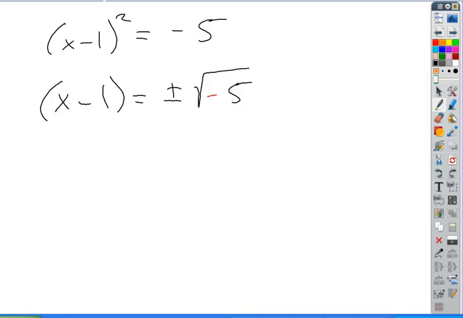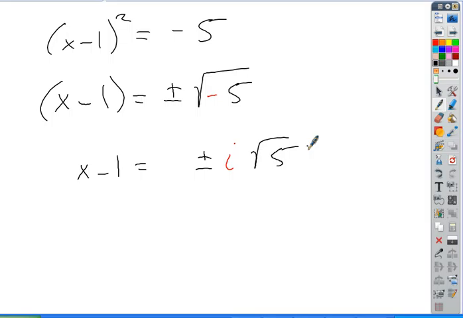So then we just end up with x minus 1, and let's get rid of the parentheses now. We don't need them anymore. x minus 1 equals plus or minus i times the square root of 5. Last step, add 1 to both sides. And remember that it doesn't really matter.